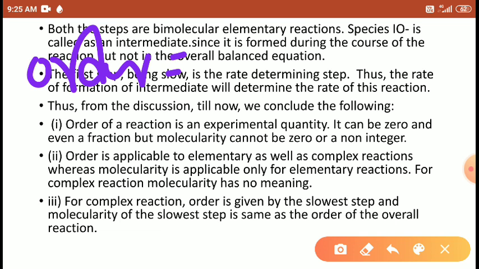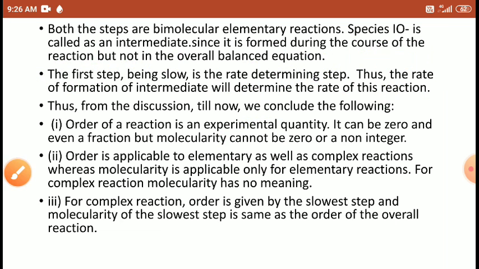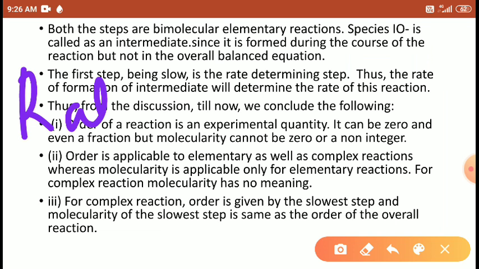Order of reaction means the rate of reaction is directly proportional to the concentration of the reactant, right? If you double the concentration of the reactant and the rate remains the same, that is called a zero order reaction. And the rate of reaction is proportional to K into concentration.